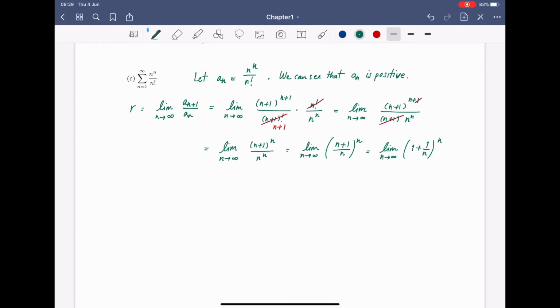Here you end up with the indeterminate form 1 to the infinity. So you have to apply the technique of L'Hopital's rule again, right? Assume that we extend the domain from natural numbers to real numbers.